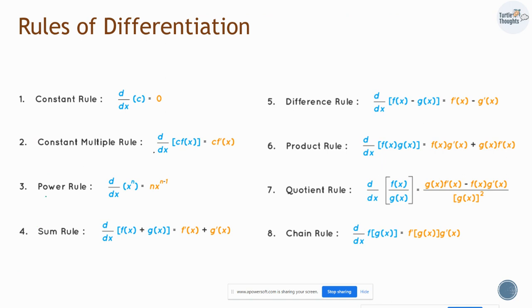The third rule we discussed was the power rule. Differential of x raised to the power n is given by n x to the n minus 1. I can take the example for this as, if y is equal to x raised to the power 6, dy by dx is given by the formula n x n minus 1.